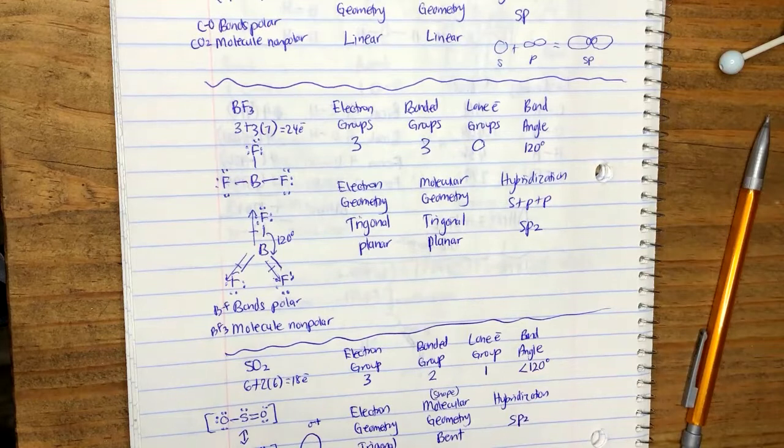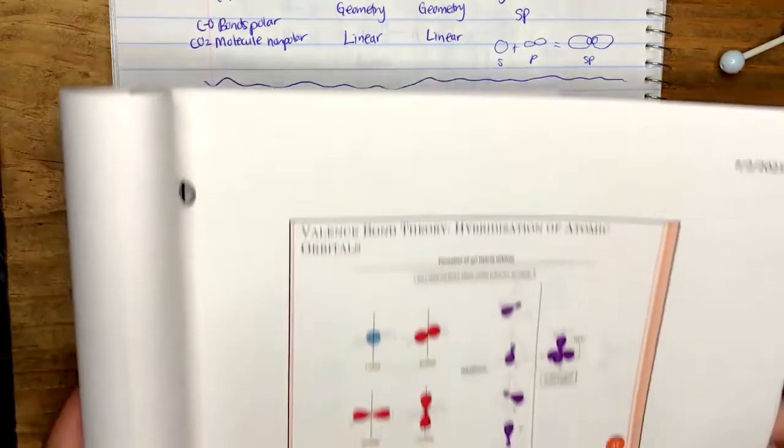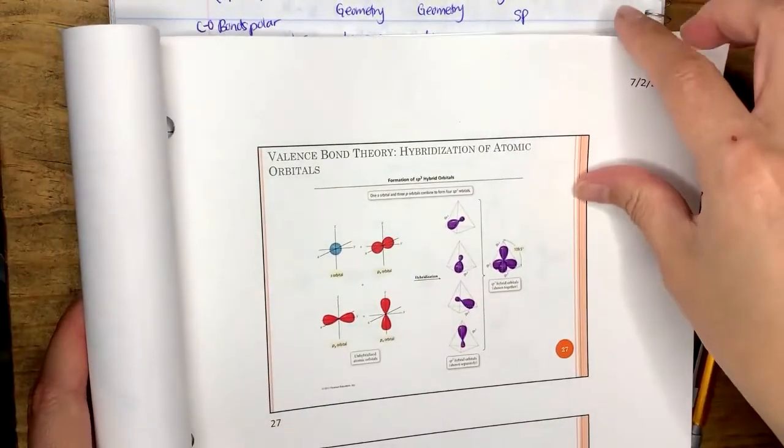So I want to show you, if you look in your textbooks and on the slides here, they do show you how things can hybridize. Well, there's some here. This is for sp3 and all that.